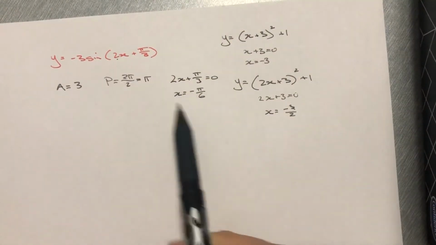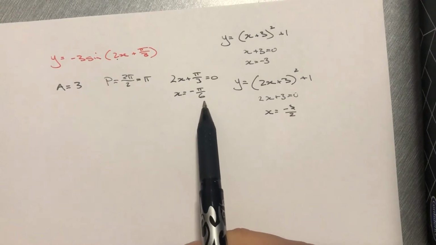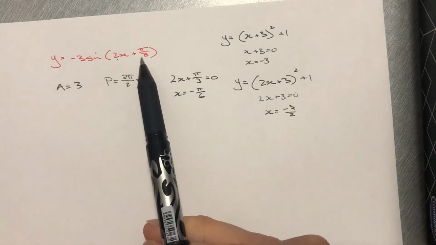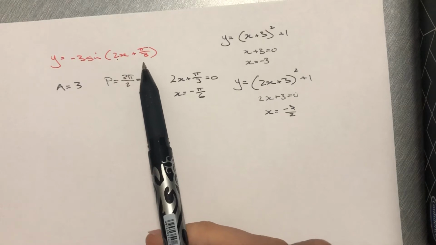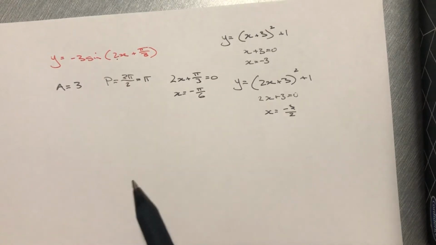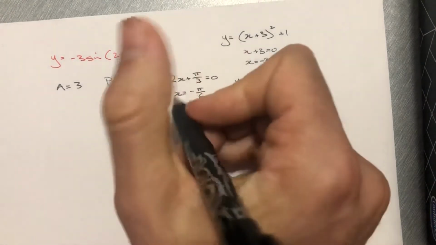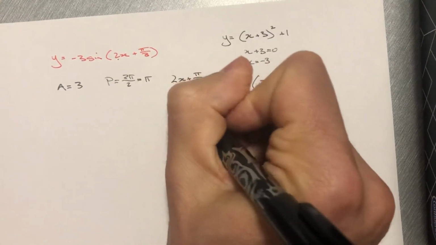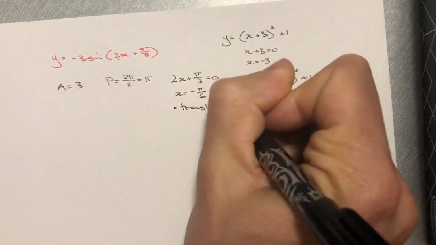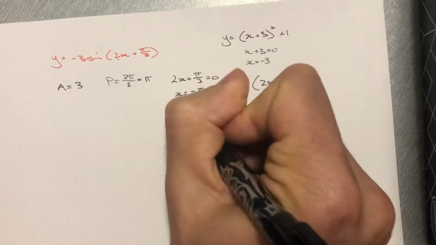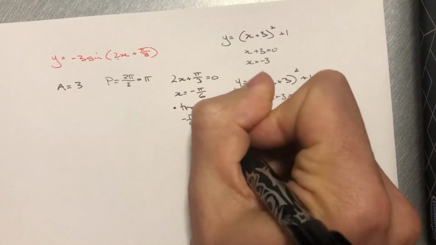So this here tells us that we're actually moving pi on 6 to the left. We're not moving pi on 3 to the left. That's really, really important, and a point where I think a lot of people have a little bit of trouble. So we're translating minus pi on 6 units left.